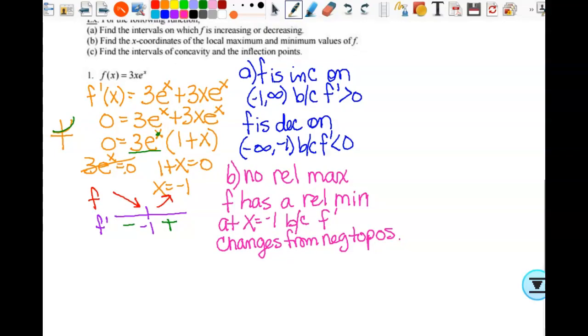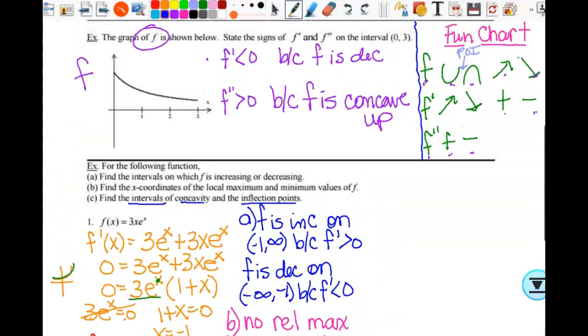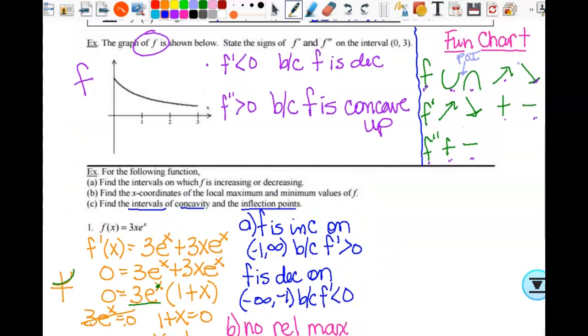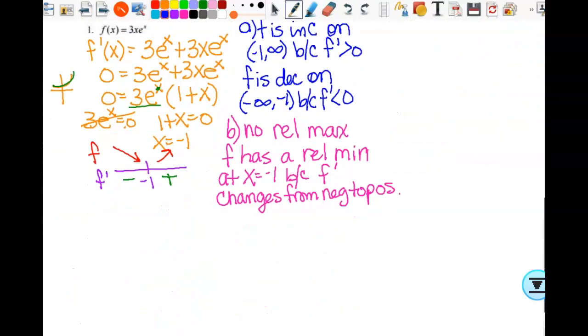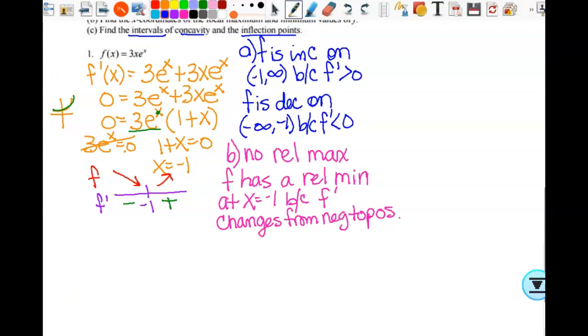All right, so now I need to find the intervals of concavity and the inflection points. Well, the intervals of concavity, okay, concavity is where f prime is increasing or decreasing. I don't know that from the equation. That's why we need the second derivative, okay? So we're going to find the second derivative because we can.